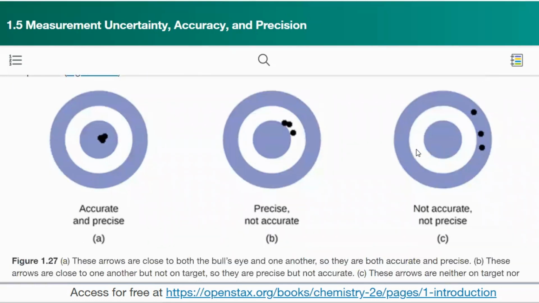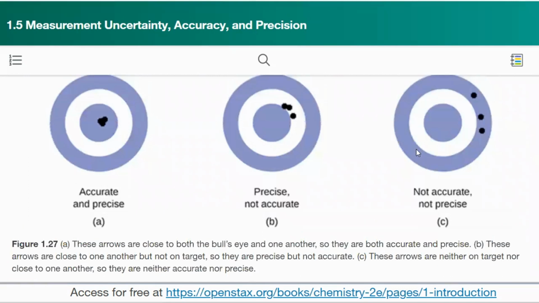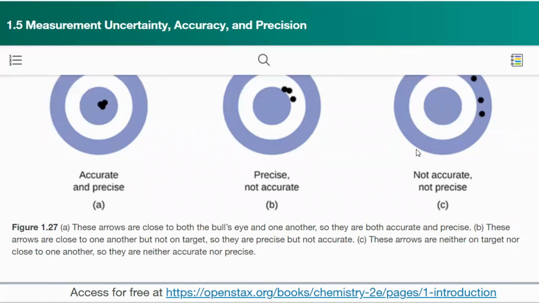So that was figure 1.27. Why don't I just read the caption? Figure 1.27. A, these arrows are close to both the bullseye and to one another, so they are both accurate and precise. B, these arrows are close to one another but not on target, so they're precise but not accurate. C, these arrows are neither on target nor close to one another, so they are neither accurate nor precise.